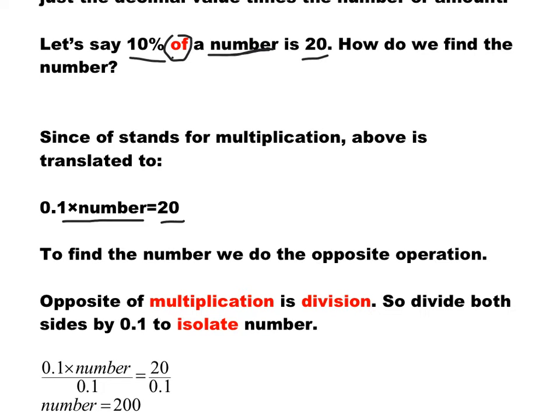In this case, the operation is multiplication. The opposite of multiplication is division. So to get rid of 0.1, I'm going to divide both sides. Remember, you have to do both sides. I'm going to divide both sides by 0.1. So 0.1 times a number which is unknown divided by 0.1 is going to be 20 divided by 0.1.